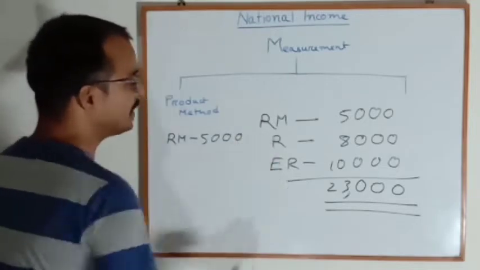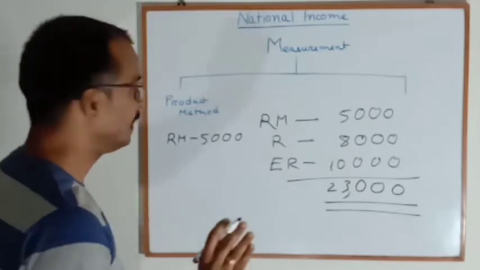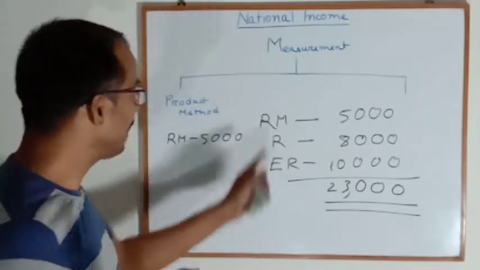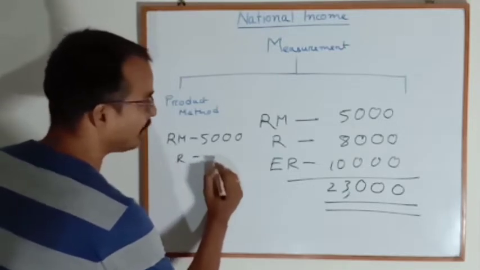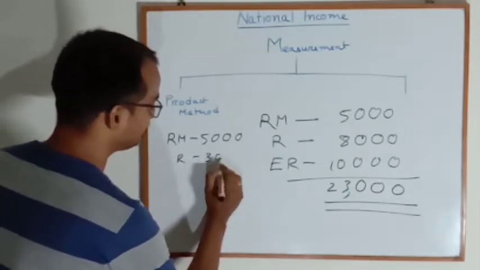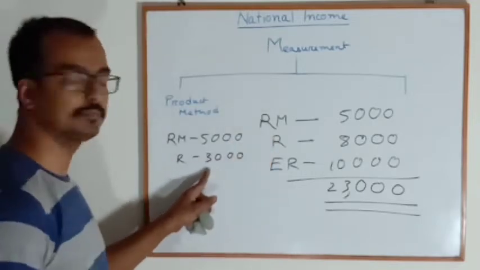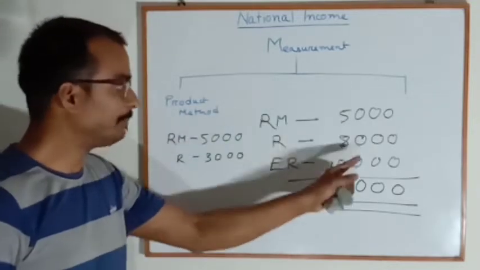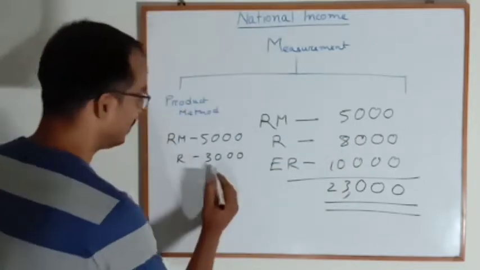And this person who is selling rubber, actually his service, he adds the value to 5,000 of just rupees 3,000. Nothing more than that. 5,000 rubber he purchased and he sells it at 8,000. That means his value addition is 3,000.